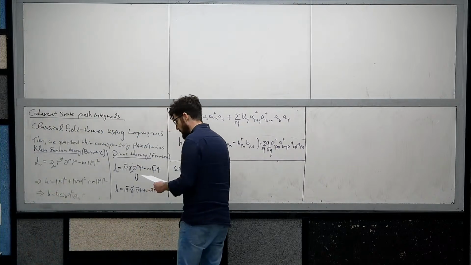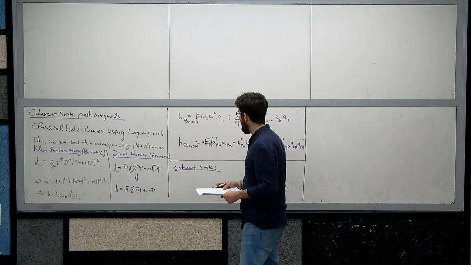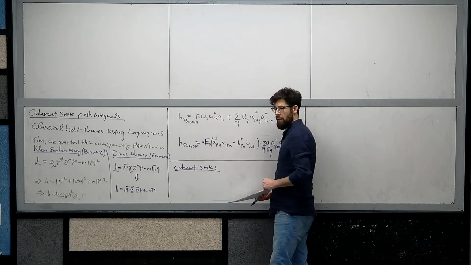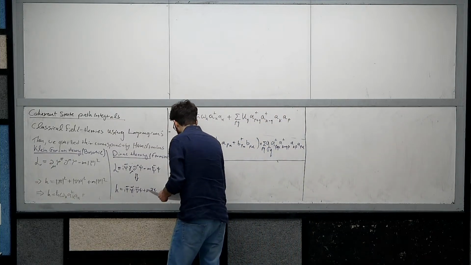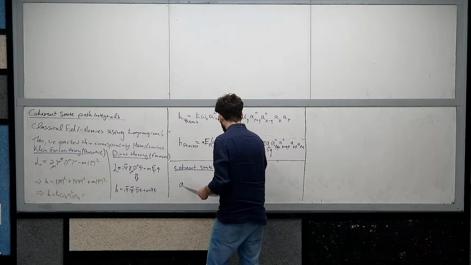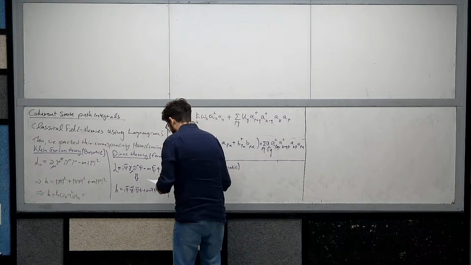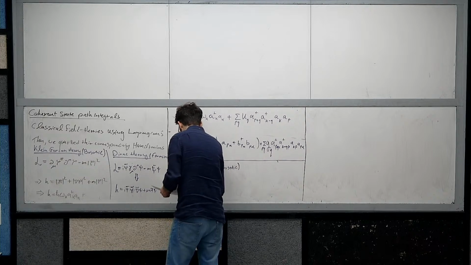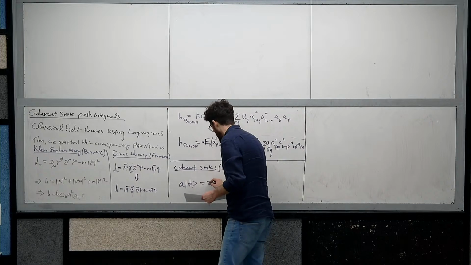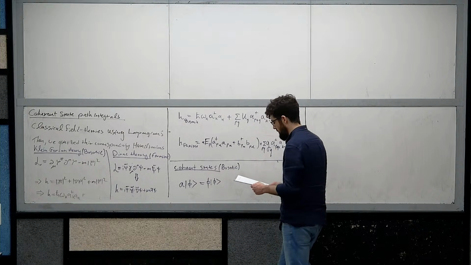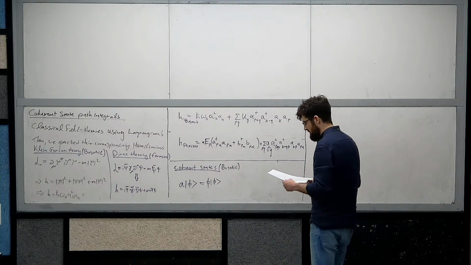So the idea behind a coherent state is that they're eigenstates of these ladder operators. So generally, if I have, and let's start from bosonic ones, bosonic coherent states. So the idea is that if I have a coherent state phi, A acting on it gives me phi times the state phi. That's how we define a coherent state.